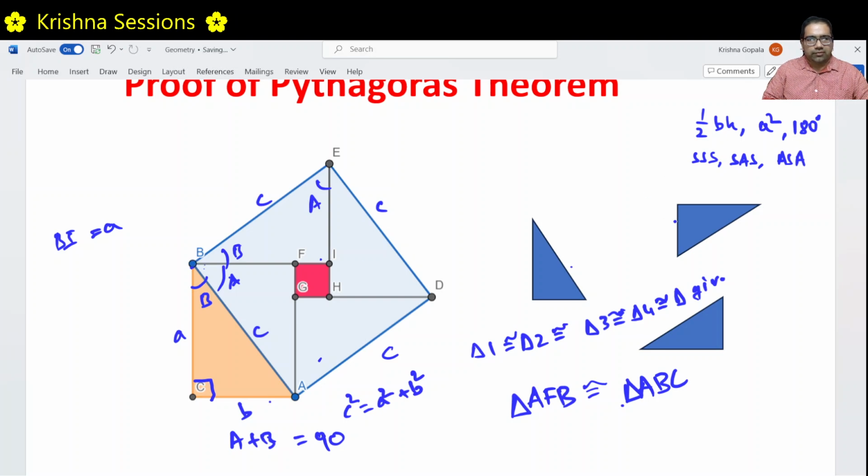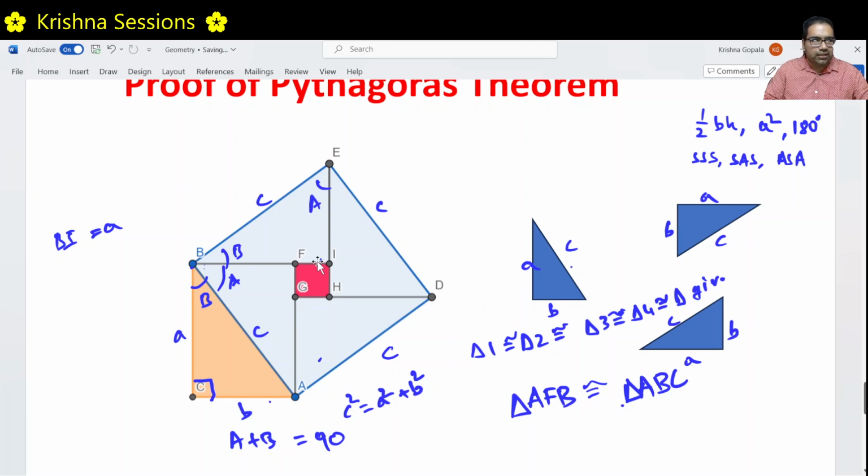So if this is B, A, B, C. Right. Similarly, this one will become C. This is B, this is A. Similarly, this is B, this is A, this is C. All triangles are equal that we have already established. Right. Now, because we have already established, what we can clearly see is this part. What is this part?